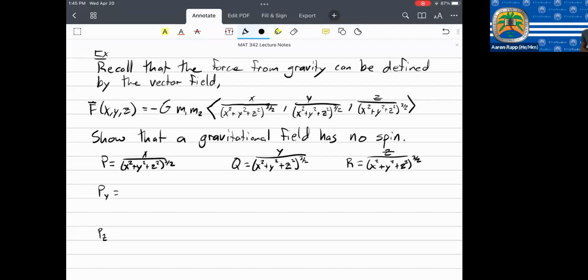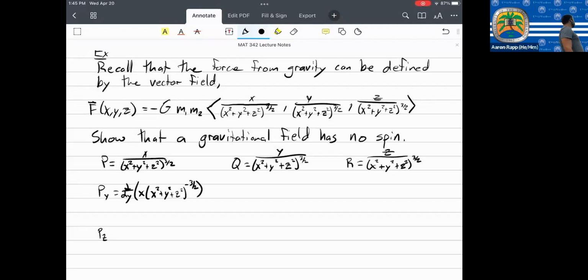So I'm going to rewrite this as x times x squared plus y squared plus z squared to the negative 3/2, because then this is a constant multiple I can pull out front and multiply by later.